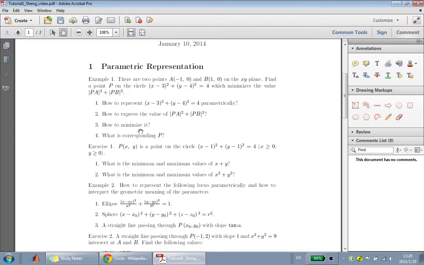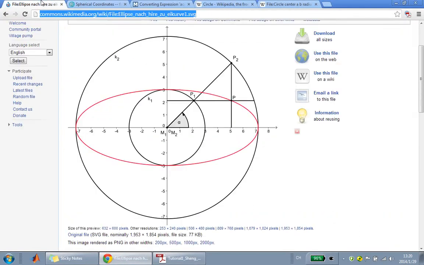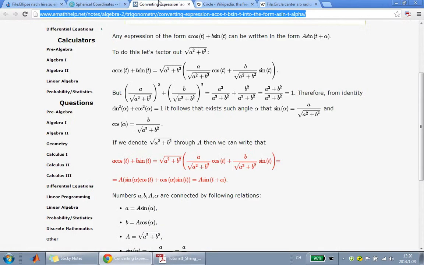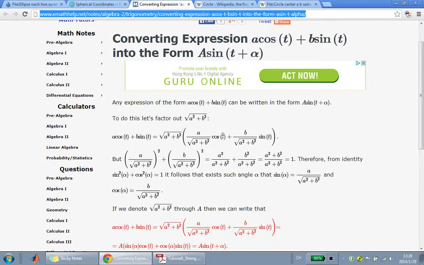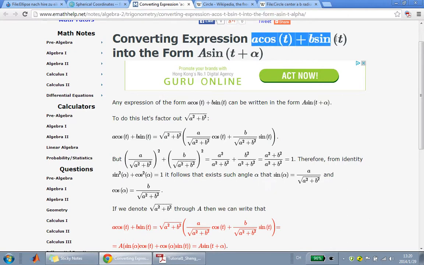The challenging part is how to minimize it. If you do this calculation, you will find in the end you need to calculate the value in this form. So you will see that in the end you need to calculate some constant plus something like this.